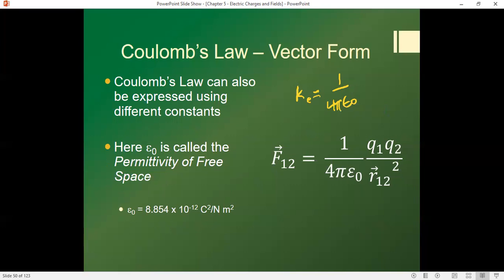But again, there's the vector form, and the vector form gives you both magnitude and direction. The approach we have with a lot of these problems is that you can calculate the scalar value of the force first, and then, using a diagram, determine what the direction is. Okay.